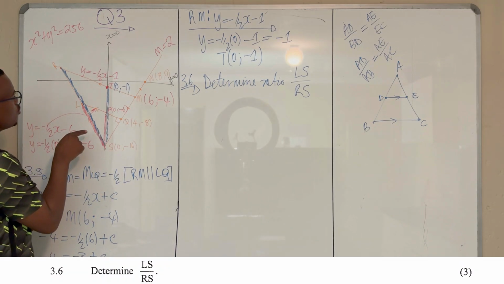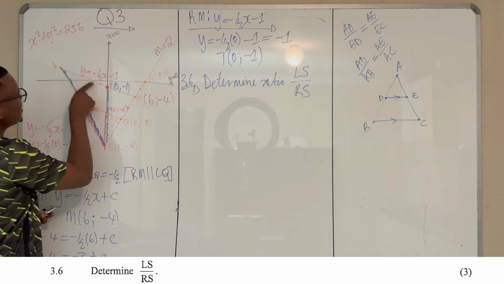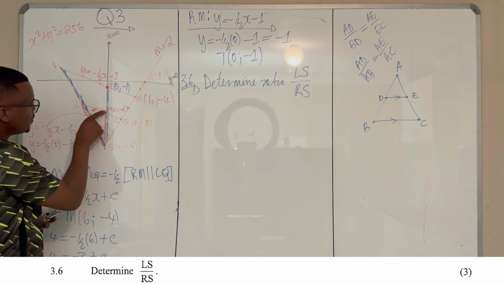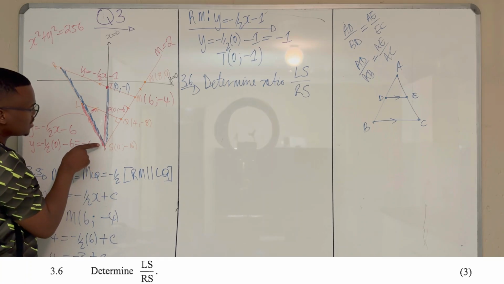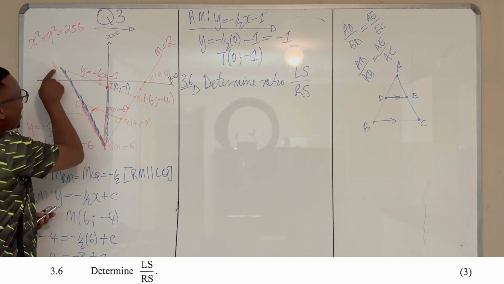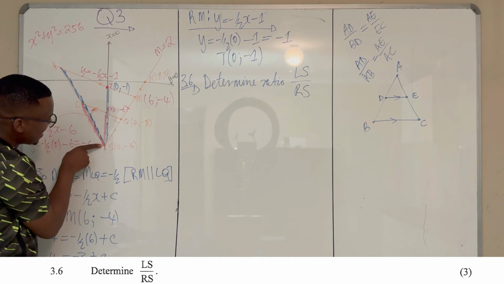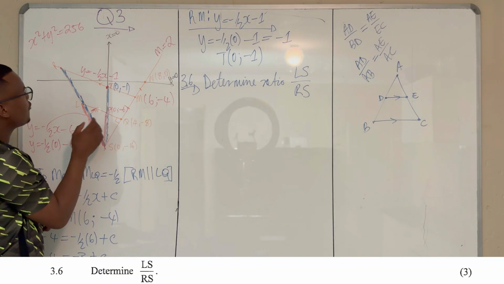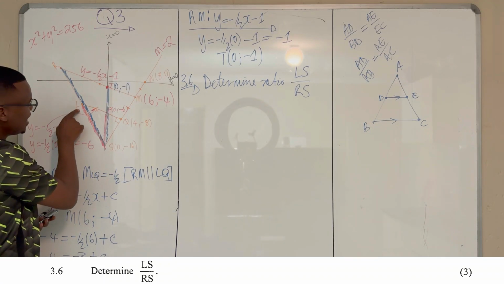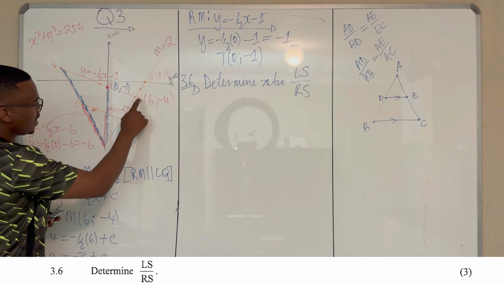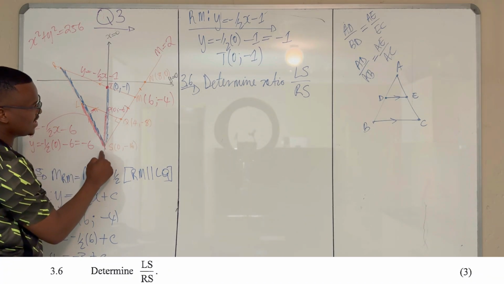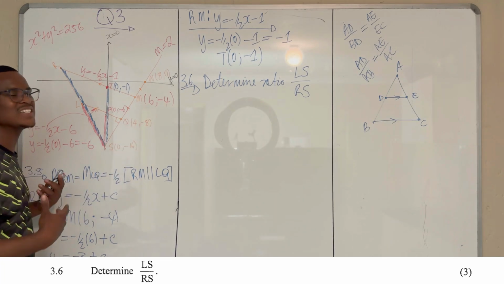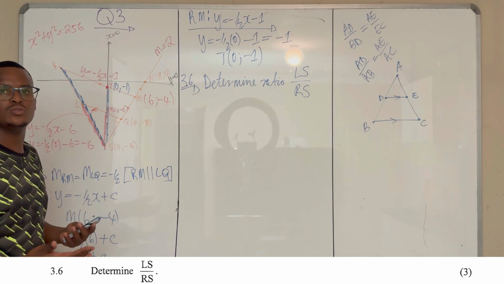So I'm going to look at triangle SRT, and this small triangle SLP. Because I'll say now LS over RS is equal to PS over TS. Right? If I was looking at the bigger triangle, it was going to be LS over RS is equal to QS over MS. But now I don't want to go and calculate those distances, but it will come out the same. It doesn't matter which one you do.